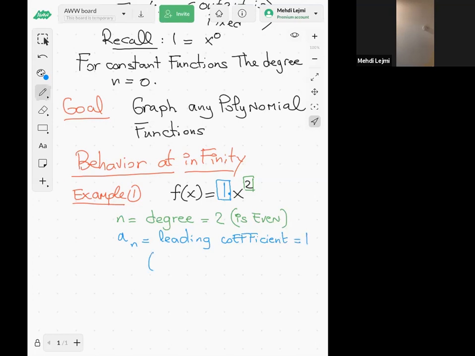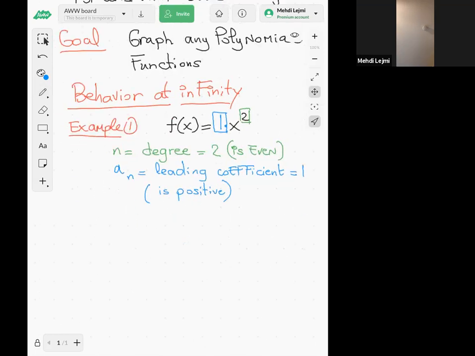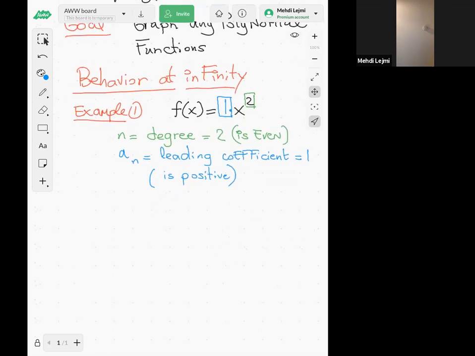Anyway, the graph of x squared is a parabola.